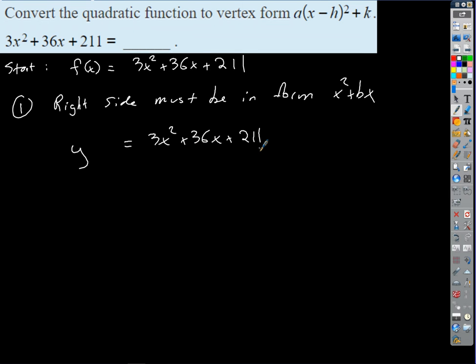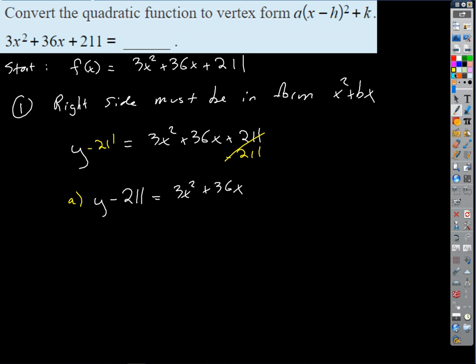And the reason being, as we talked about in class, the y looks easier. It doesn't look so jumbled up. It looks less complicated, and this thing starts to look pretty complicated. So step A was we were just going to subtract 211 from both sides. So that gives us y minus 211 equals 3x squared plus 36x. Then you said divide by 3, right?